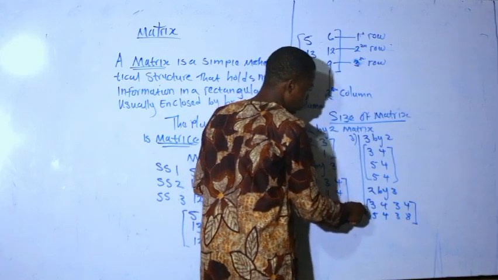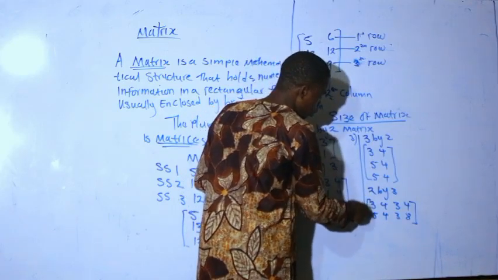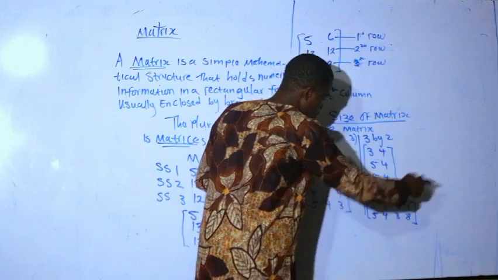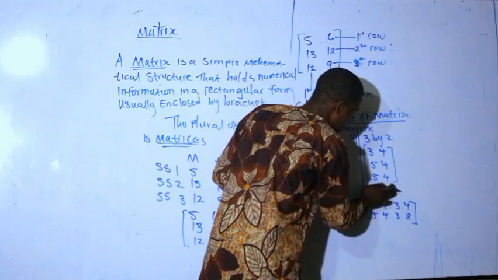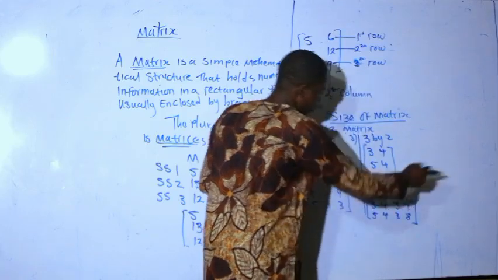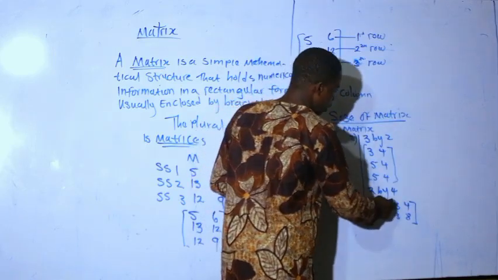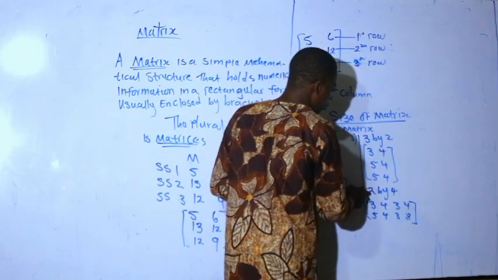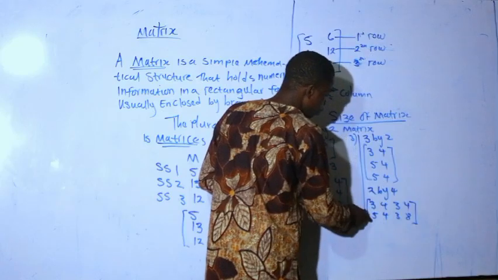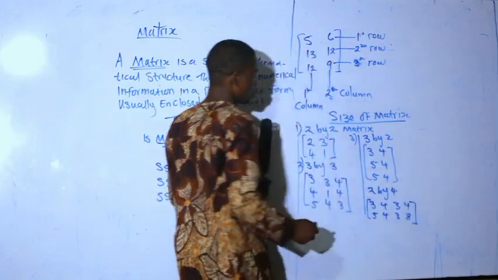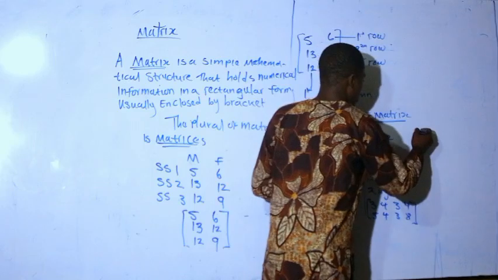Let us count the row: 1 2, that's 2. Column 1 2 3, that's 2 by 3. It can even be a 2 by 4 matrix: column 1 2 3 4, row 2. It can even be like this.